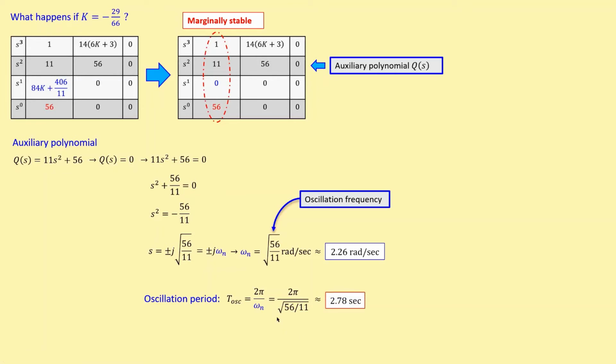Now I will also check this situation. In the next step in the simulation I will substitute the gain k as minus 29 over 66, and check that the oscillation period is indeed 2.87 seconds. So let's jump to the simulations.